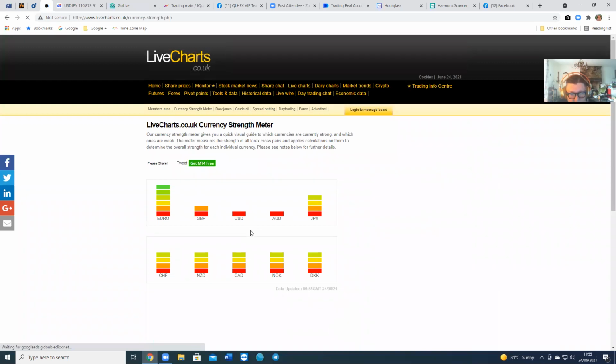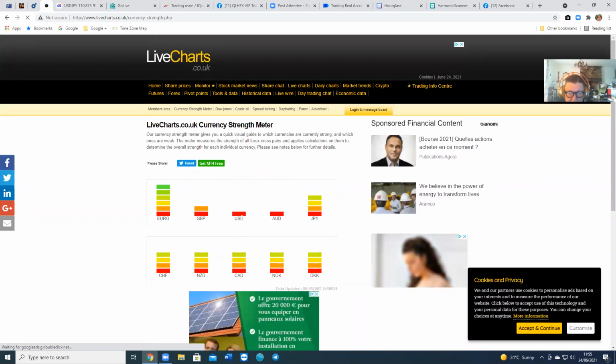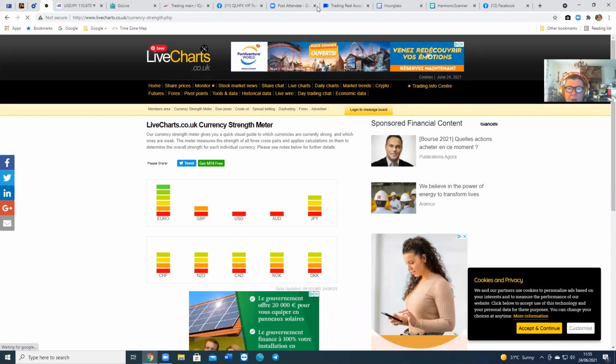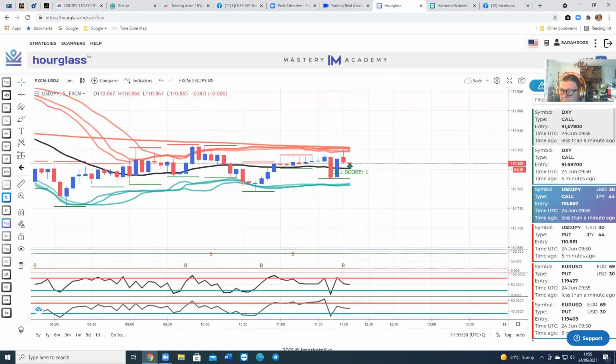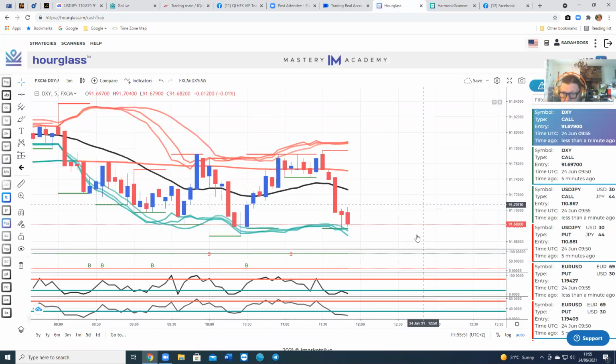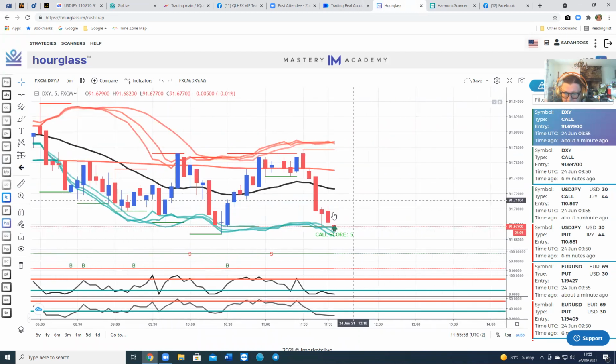So 12 o'clock makes it 11 o'clock London time. You see it's got weaker. US dollar's got weaker. The DXY is a call. So we want that to come up in this next 5 minutes. If we're going to take it for a put, we want this pullback.